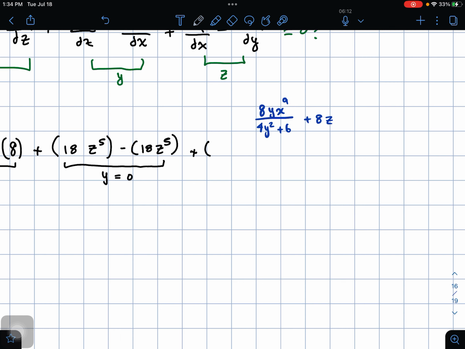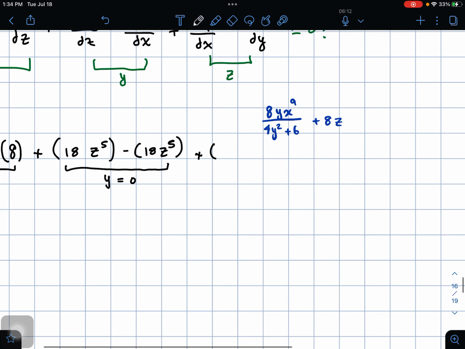This one, you can just do the power rule. So it would be 8 times 9, which, why is my brain not working? 72, yes. 72 y x to the 8, and then this is divided by, nothing changes, right? y squared plus 6. Okay.